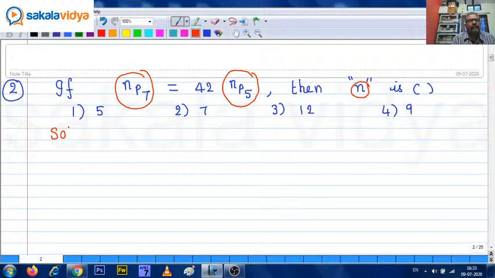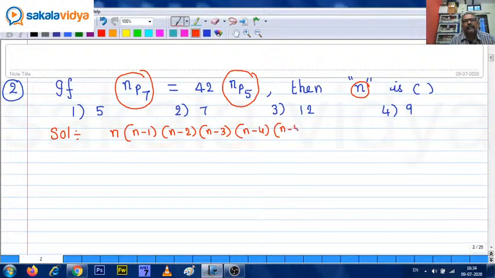Now the solution. NP7 means 7 blank places are filled with n objects without repetition. First place n, second place n minus 1, third n minus 2, fourth n minus 3, fifth n minus 4, sixth n minus 5, seventh n minus 6, equals 42 times NP5.